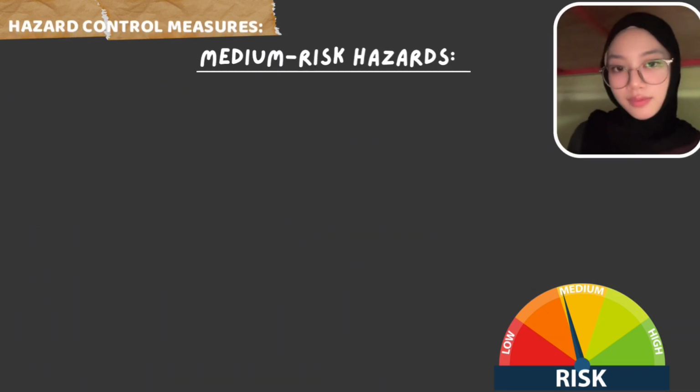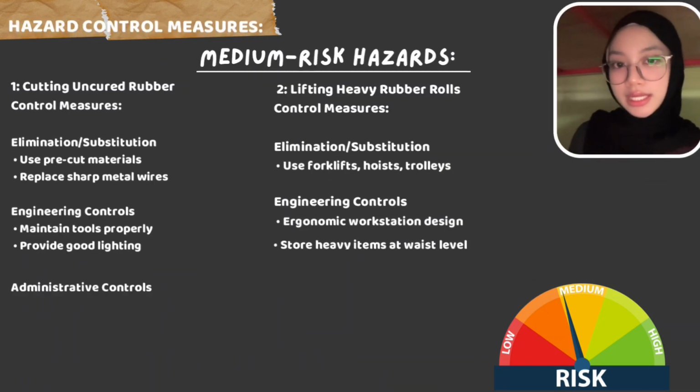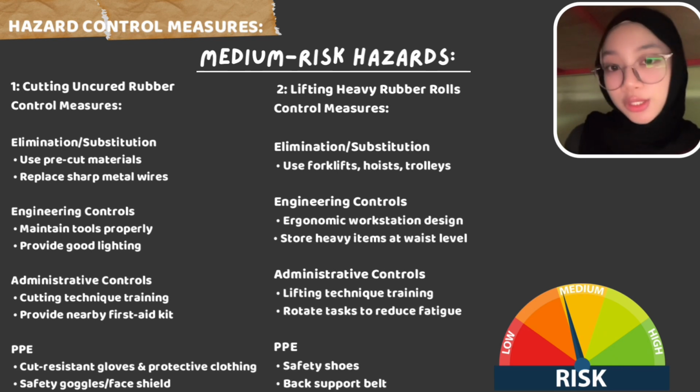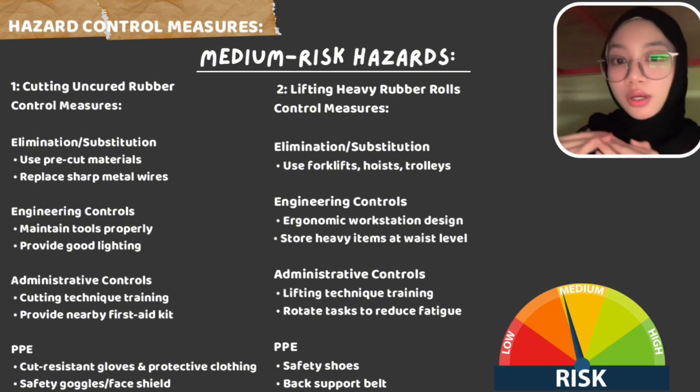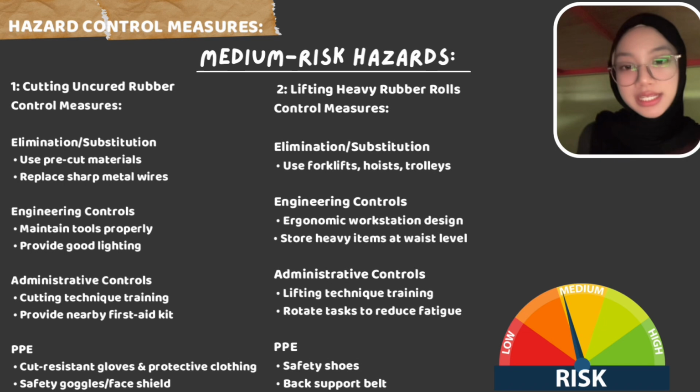Next, lifting heavy rubber rolls. For elimination and substitution, to reduce manual lifting, forklifts, hoists, or trolleys are used. This helps minimize physical strain on workers. Next, for engineering controls, workstations are designed ergonomically and heavy items are stored at waist level to avoid unnecessary bending or overreaching.